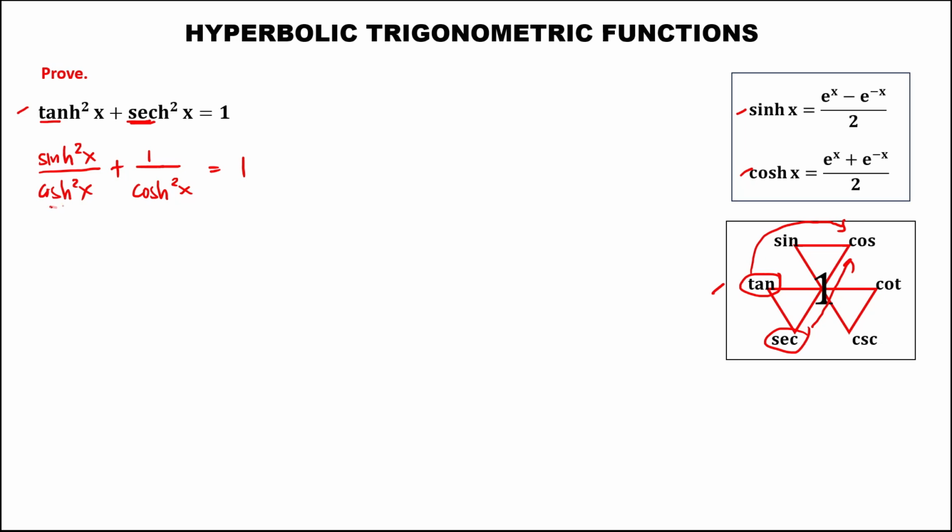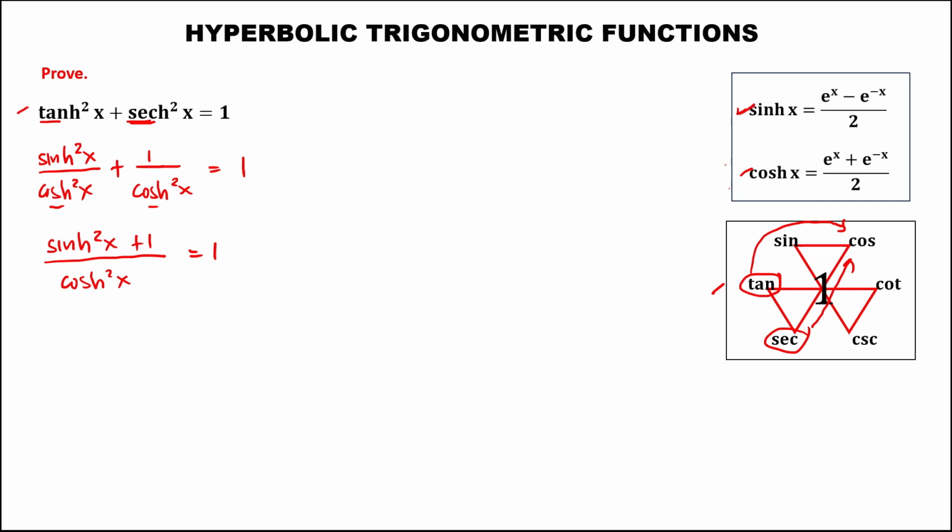Then observe that these denominators are equal, so we can rewrite this as the hyperbolic sine squared x plus 1 over the hyperbolic cosine squared x. Then again, this is equal to 1.